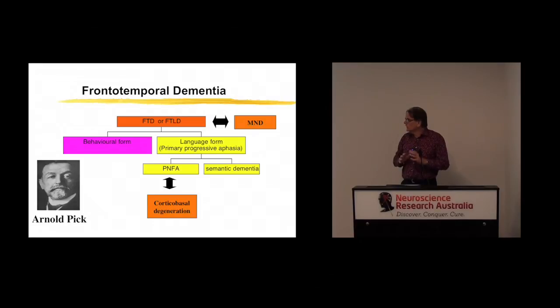But often there's a degree of overlap, and individual patients can have both of those. Within the language patients, which is also called primary progressive aphasia, we further subdivide them into the pattern that they present with. So we have a clinical classification of cases that come along to the clinic and present to us.